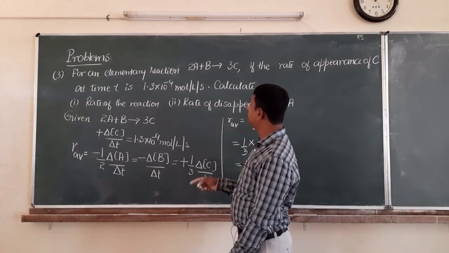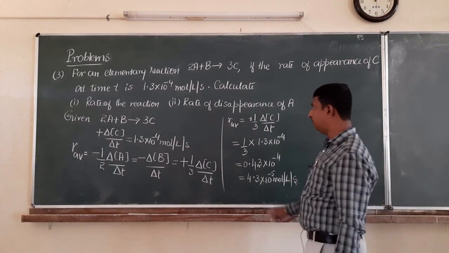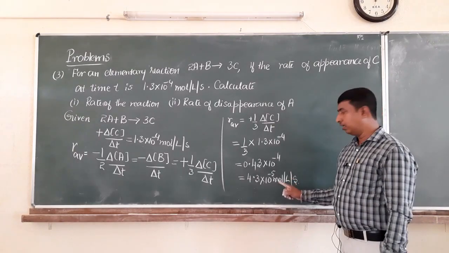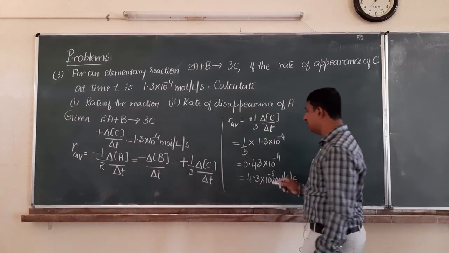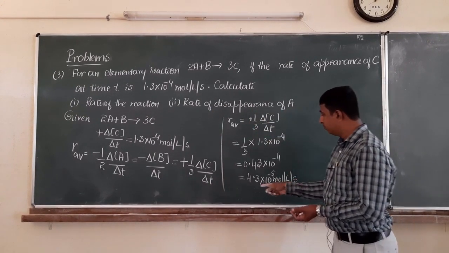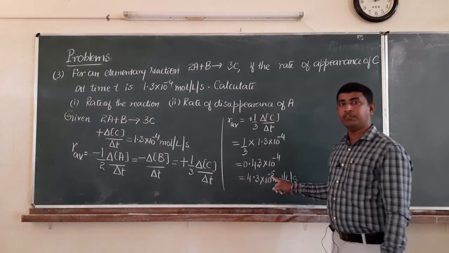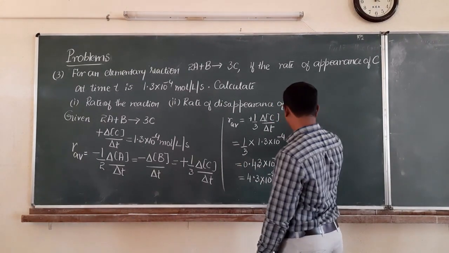Time is in terms of seconds, so it is per second. 4.3 into 10 to the power minus 5 mole per liter per second. Now this is the rate of the reaction. So we got the value for the rate of the reaction, that is 4.3 into 10 to the power minus 5 mole per liter per second.